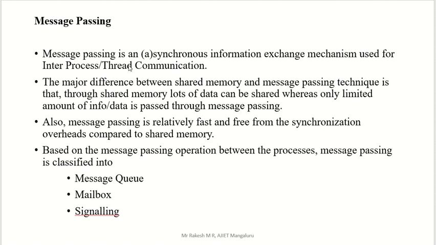A thread is part of a process. Many threads combined together form a process. So it is used either for process communication or thread communication. The major difference between shared memory and message passing: shared memory we saw previously, and message passing is here. What is the difference?